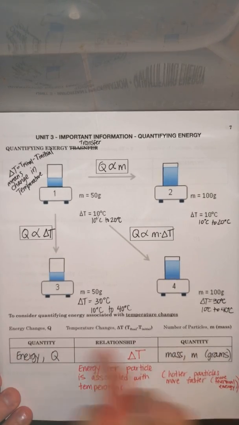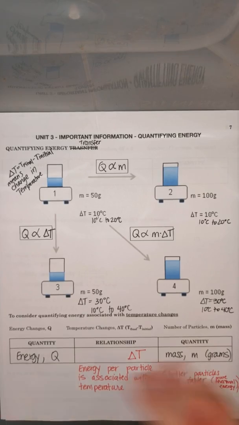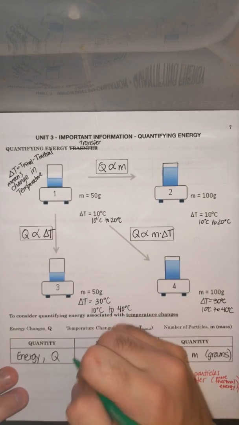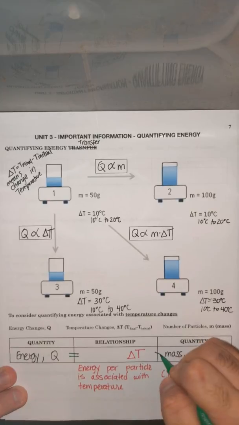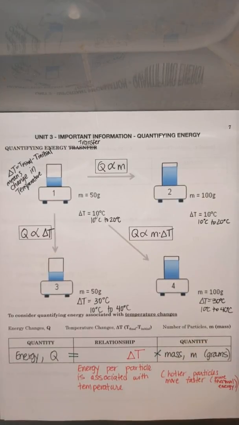Okay? And I'm making this table here because eventually this table is going to be my equation. It's going to say something like Q is going to be equal to delta T times M, and I'm going to need one more factor in here.